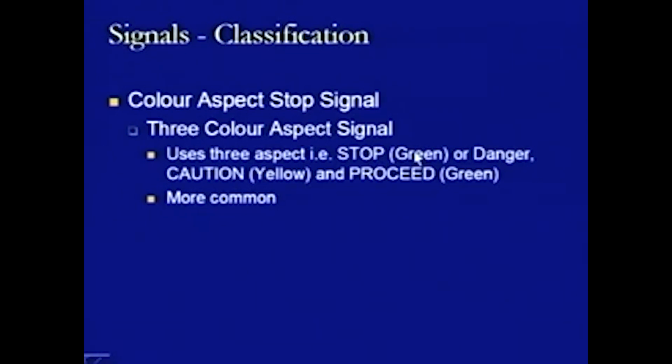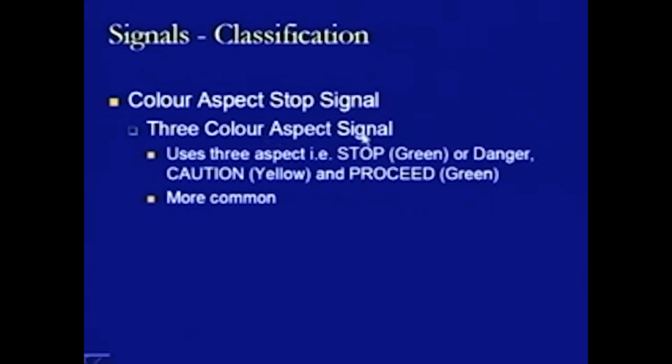So, it is red in color, and then it defines the danger, means the train is not allowed to move on this track because it is already being occupied by some other train, or there may be a caution condition where it is going to be defined by yellow in color, and then there is a proceed condition which is defined by green color of the signal. That means now the train can move with full speed.